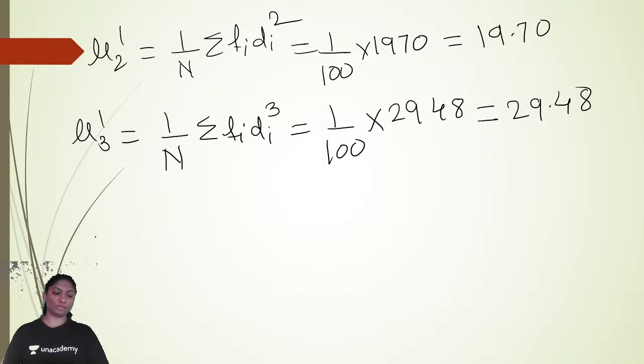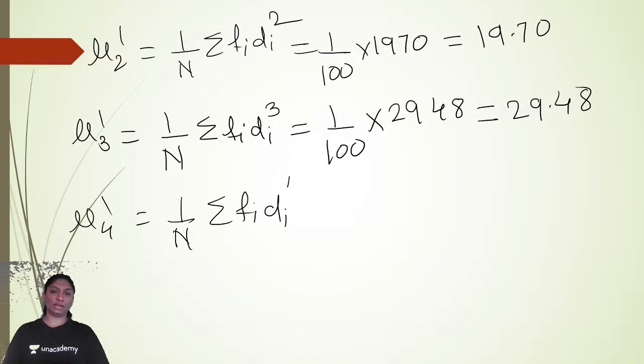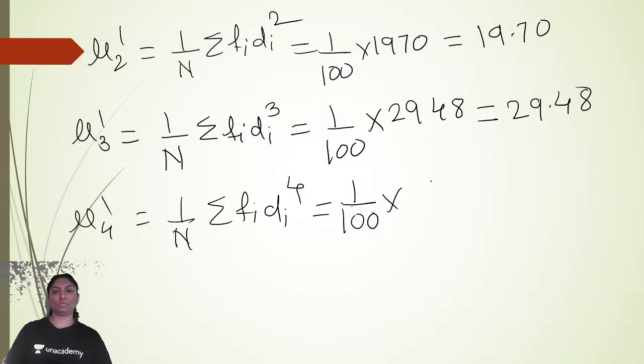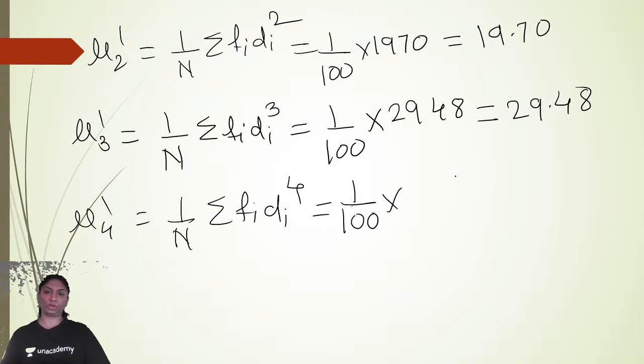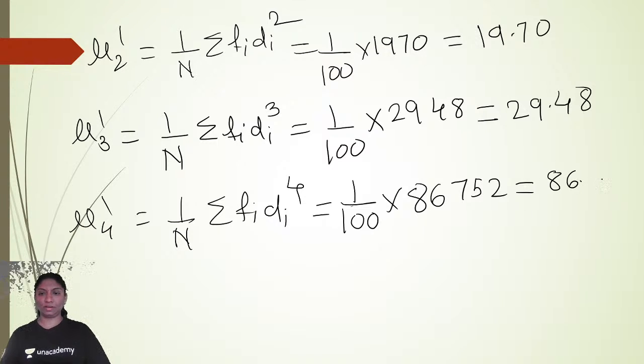Mu4 dash is equal to 1 upon n summation of fi di raised to 4, which is equal to 1 by 100 into 86754. Okay.